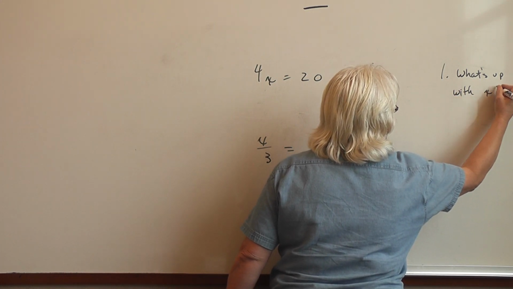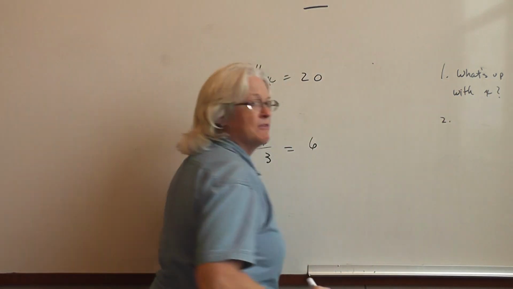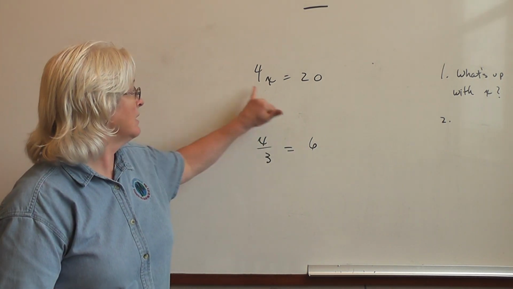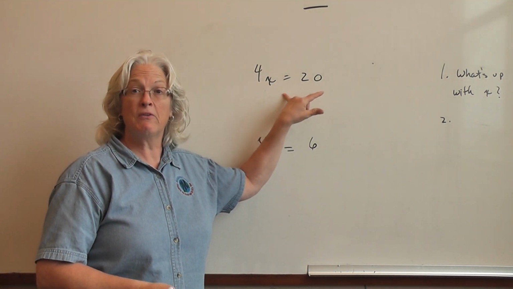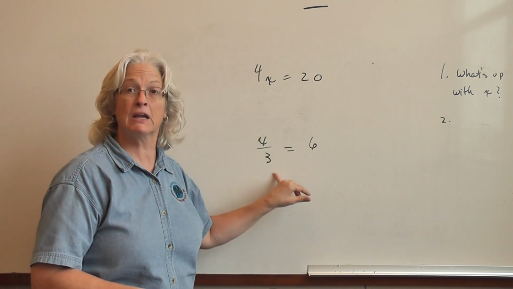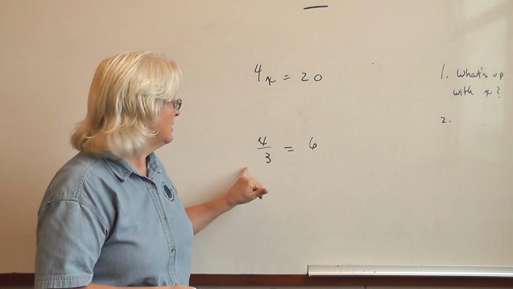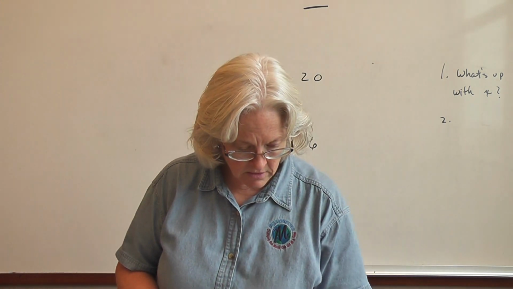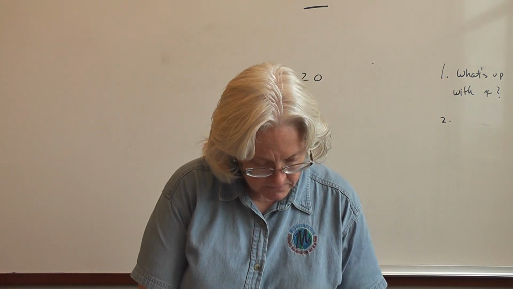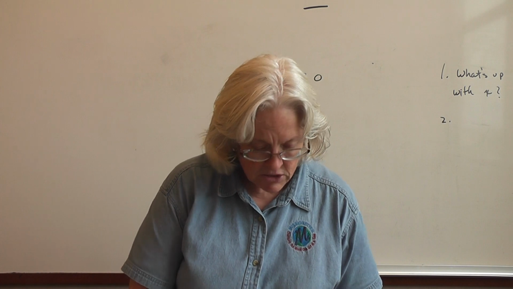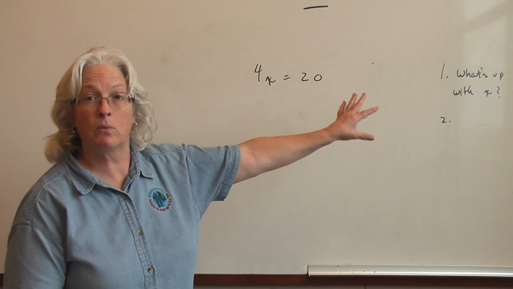Or what's up with x? Whatever the variable is, what's happened? Well, here, x has been multiplied by 4. And in my second example up here on the board, x has been divided by 3. All right? So, we've already identified what's up with x.